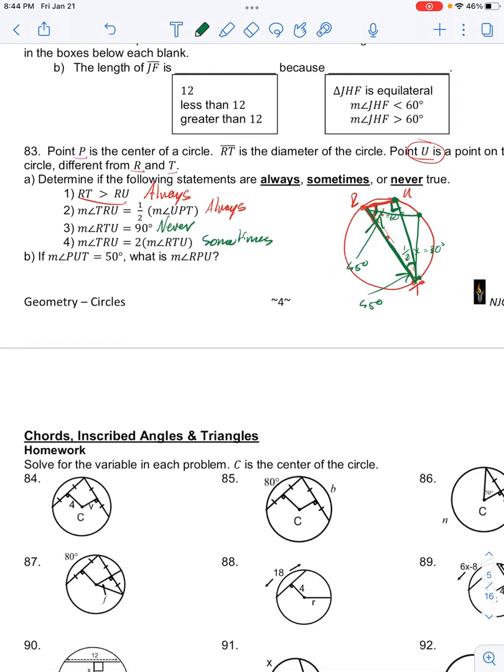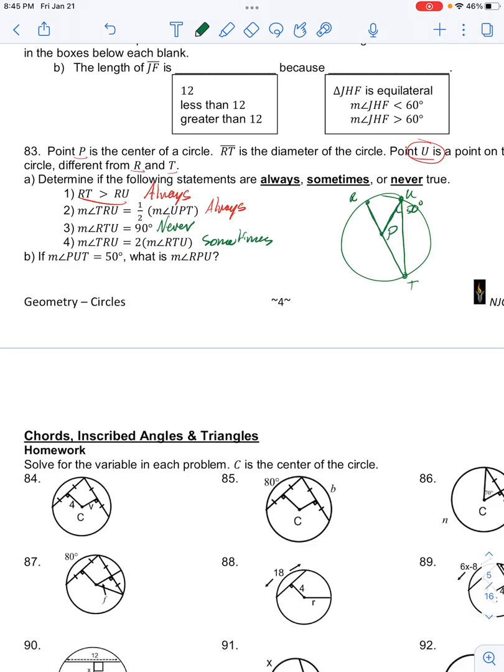And okay, part B, if the measure of PUT, so let's redraw this. We have the circle again, center P, we have diameter RT, and we have point U. If PUT, this angle, is 50 degrees, what is the measure of RPU?